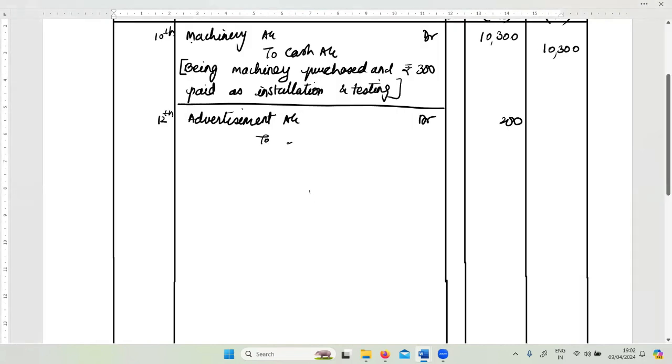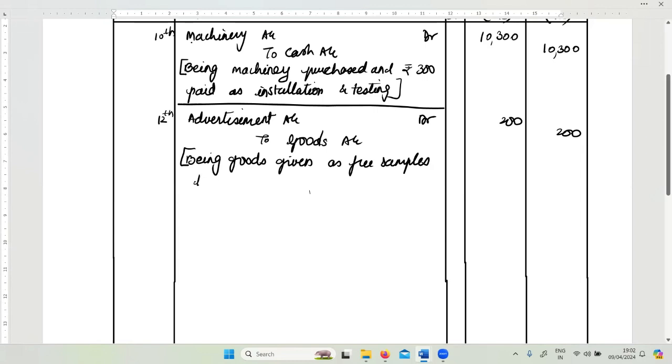So to goods account 200. In brackets, you can write Kamal and company and all that, right? So being goods given as free samples to Kamal and company. Close this transaction.